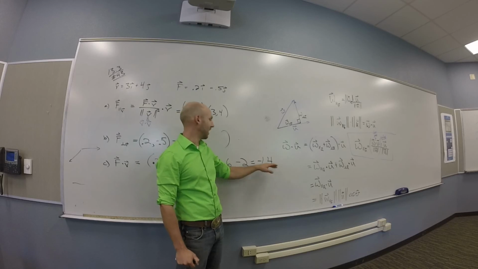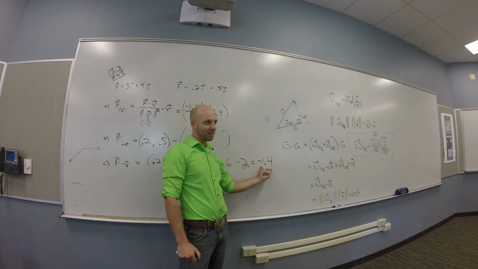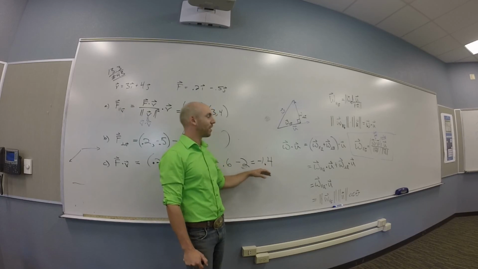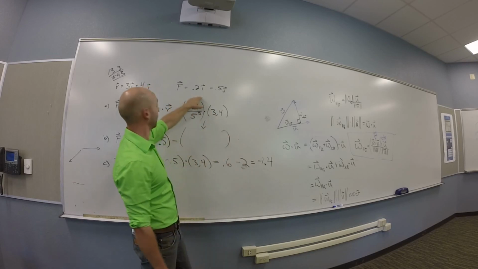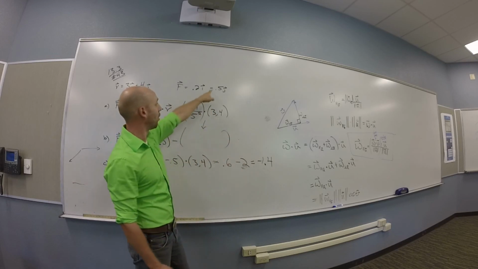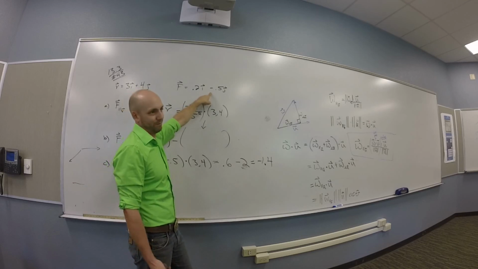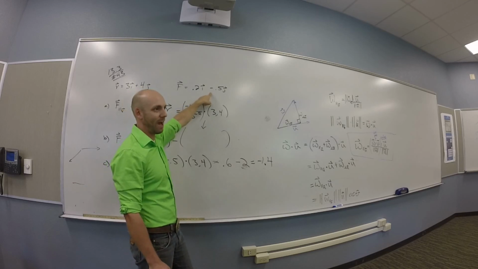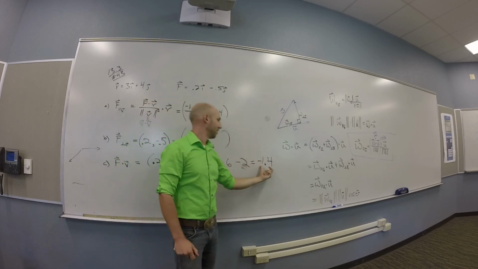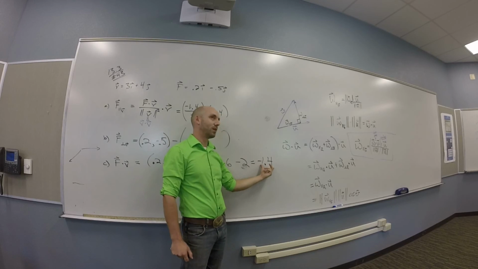Like in this case, I don't know, the magnitude of this thing's a little funky, but the negative sign tells me they're kind of opposite directions. If I knew how big they were, like this one's 5 long, this one's, I don't know, ballpark a little longer than a half or something, this number is quite a bit smaller than 5 times a half.